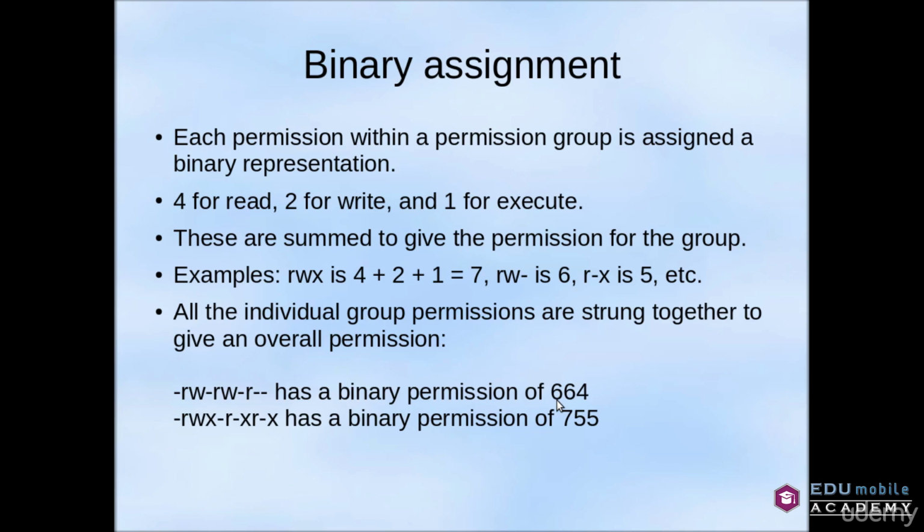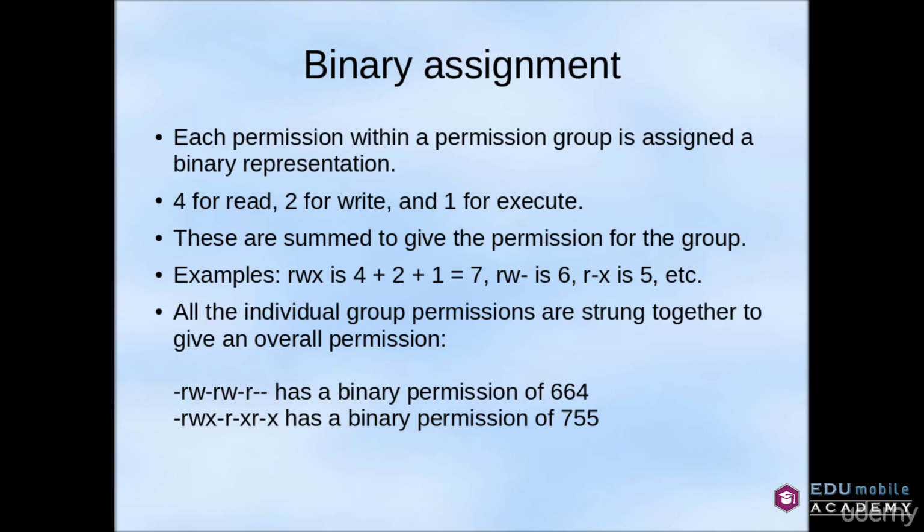That would be 644. So once you get used to thinking about the binary assignment of the RWX, mapping to these bits and adding the bits up, this becomes a much easier way to assign permissions.